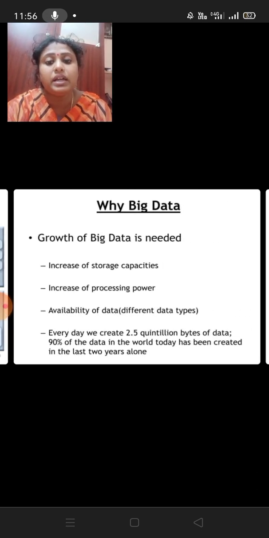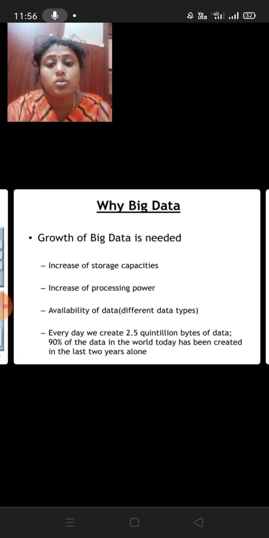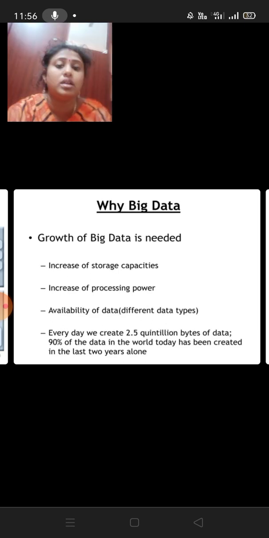So why big data? Growth of big data is needed because of increased storage capacity, increased processing power and availability of data. Every day we create 2.5 quadrillion bytes of data. 90% of data in the world today has been created in the last 2 years alone.